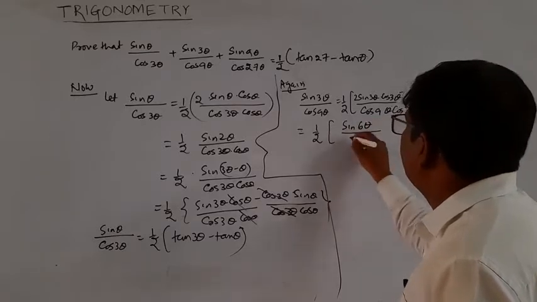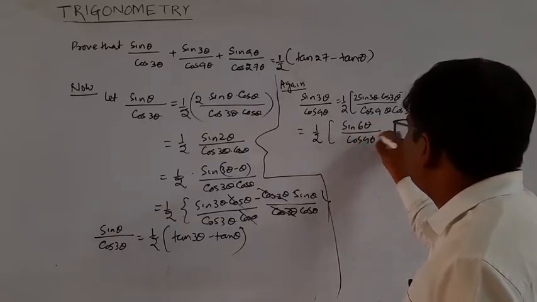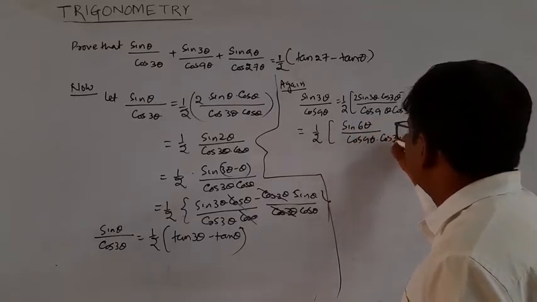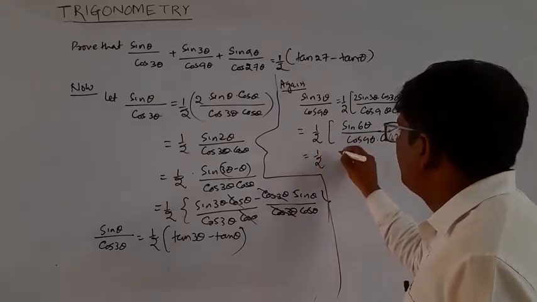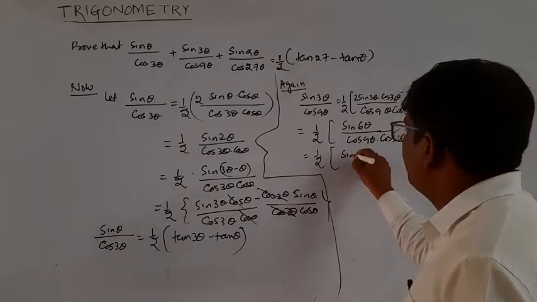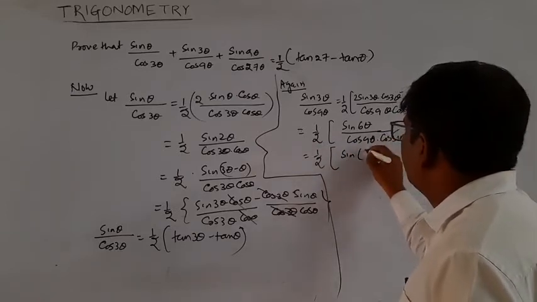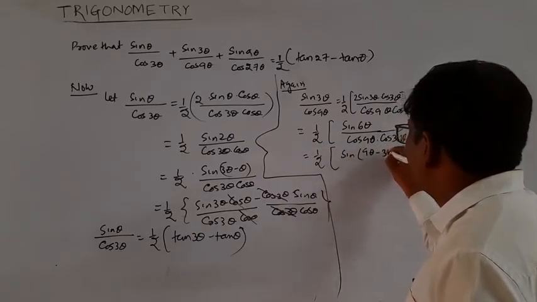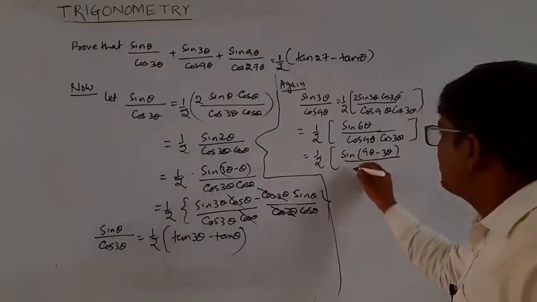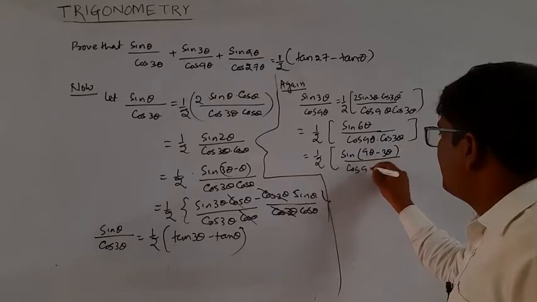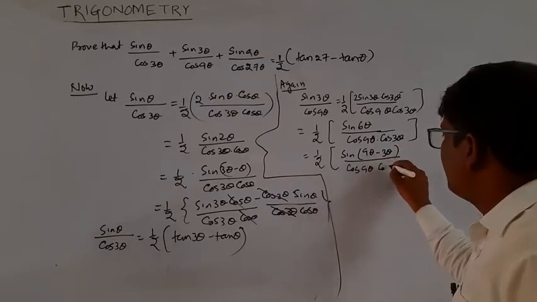divided by cos 9 theta into cos 3 theta, that is equal to 1 by 2 into sin (9 theta minus 3 theta) divided by cos 9 theta into cos 3 theta.